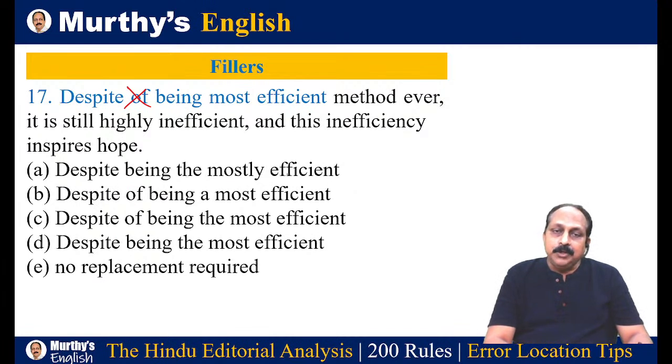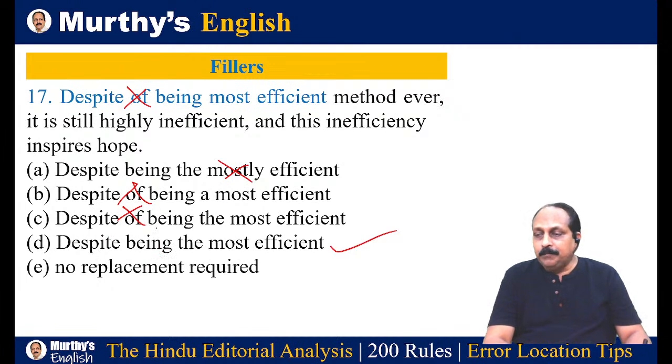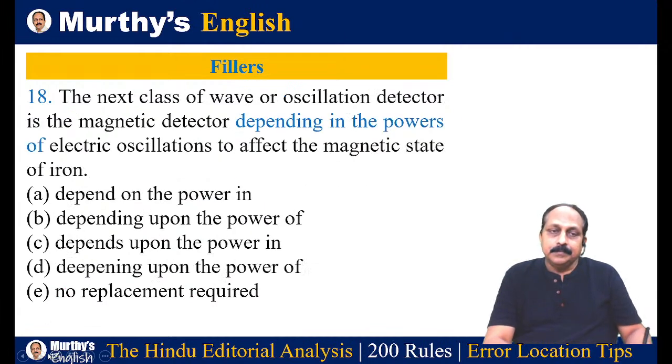Despite being the mostly efficient, despite of, don't consider. Despite being the most efficient method ever. Efficient method, we cannot use the adverb form. It should be adjective form, the most efficient method. Answer is D.